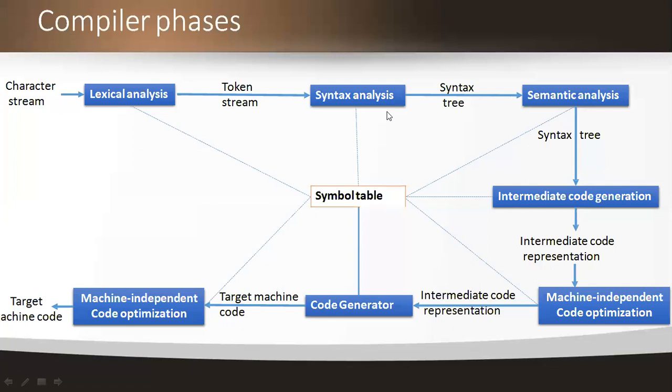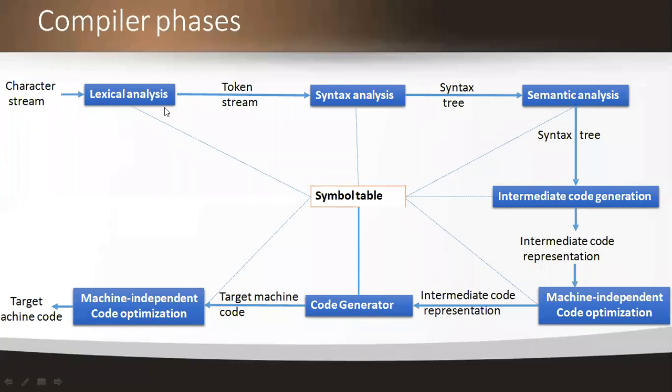And then this stream of tokens is taken as an input to the syntax analysis. After performing the operation of the syntax analysis, we generate the output in the form of a syntax tree. That syntax tree is taken as an input to the semantic analysis.